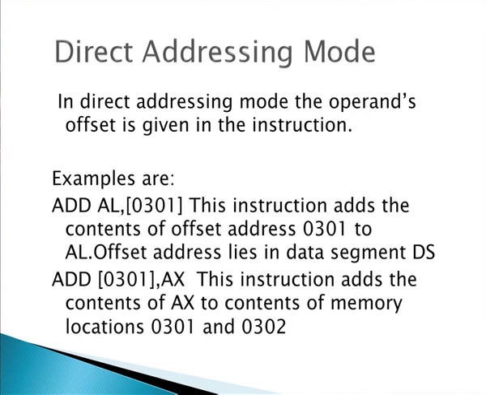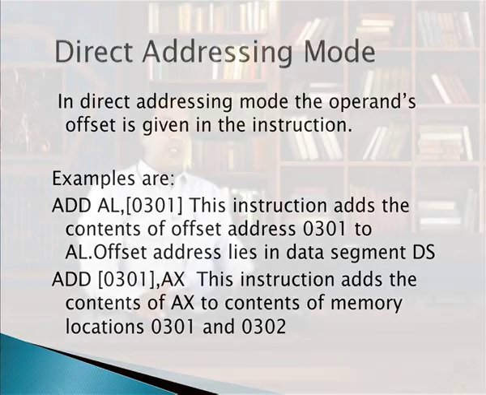First one is ADD AL, [0301]. Now, AL means the operation will be done for an 8 bit operand, and we have used 0301 written within the square bracket. Now, square bracket represents that the operand is available at a memory location whose address is defined within the square bracket.